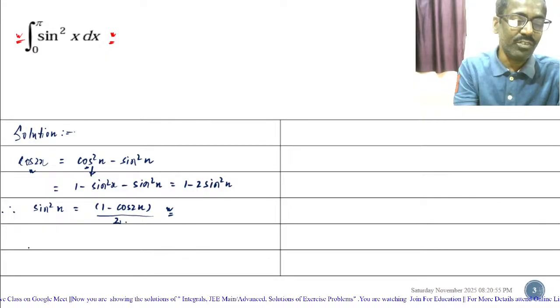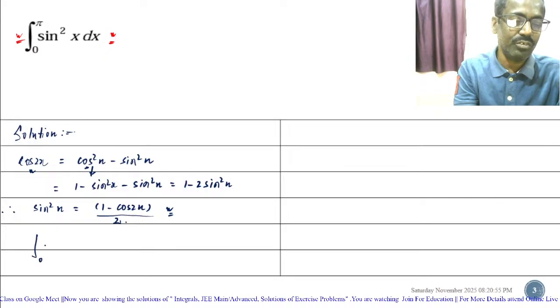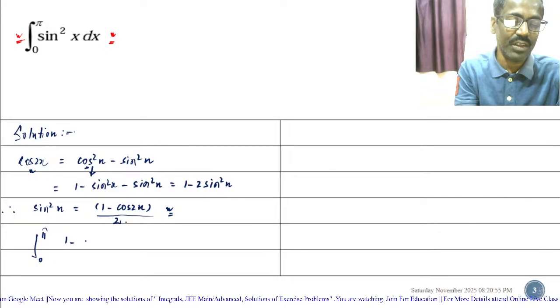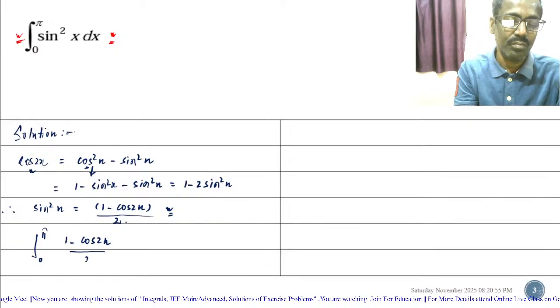So the form of the question here will be integral from 0 to pi, and we write down here 1 minus cos 2x by 2 into dx.